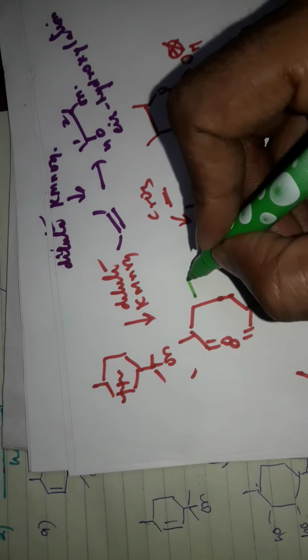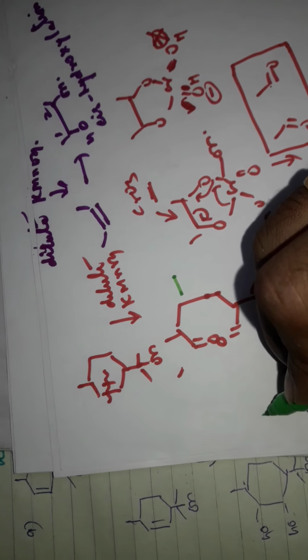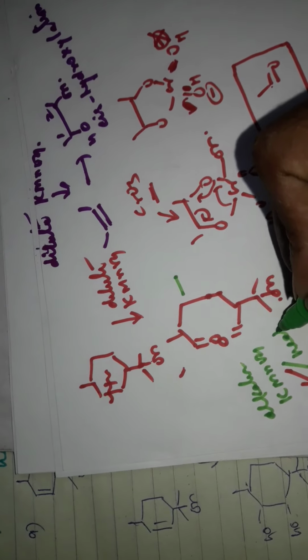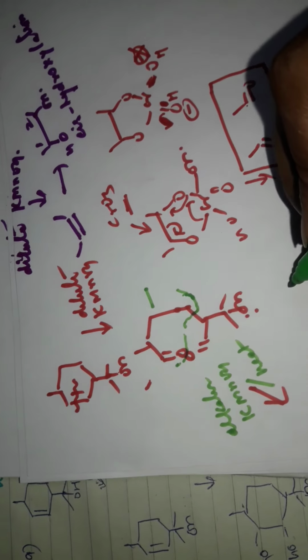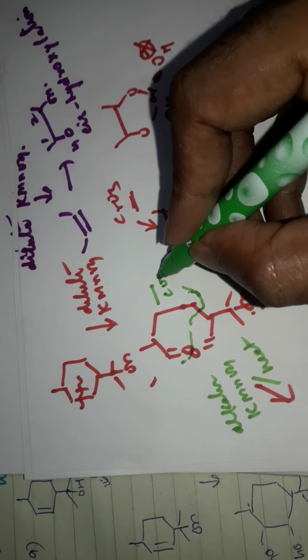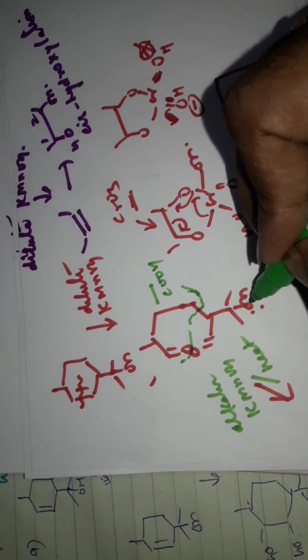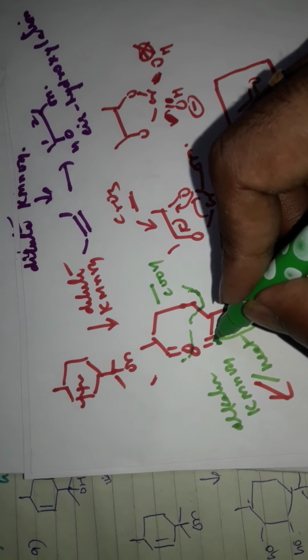After that, they add alkaline KMnO4 and heat. In the presence of alkaline KMnO4, if you read reagent chemistry, you should know this moiety might be converted to COH, and this lone pair of electrons will attack on this.